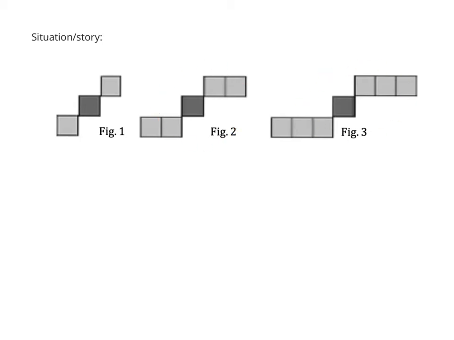Anytime we're given a tile pattern or a story, a good thing to do is to come up with either the next figure in the story or one before it, if we can go backwards. So let's think about what would happen if we were to look at figure 4, and then also figure 0. What would they look like?